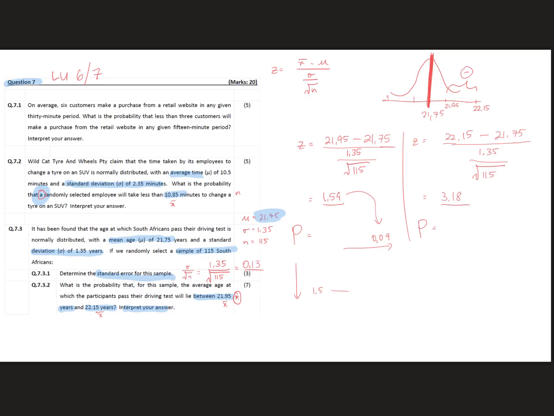In line with 0.09 and 1.5, your respective value here is 0.4441. So I'm just going to erase whatever's here, and we'll work with just the value. So I'm just going to write down the value itself.